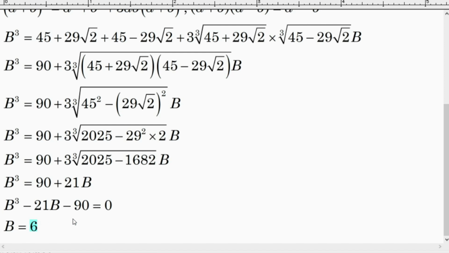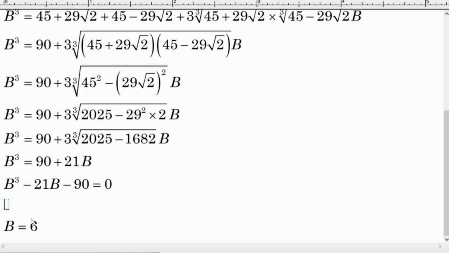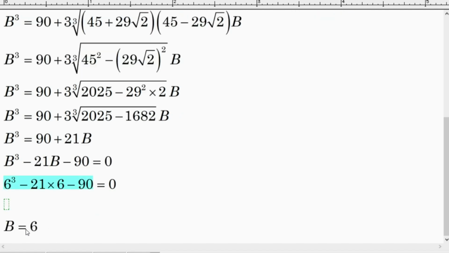So let's say we have 6 cubed minus 21 times 6, and then minus 90 equal to 0. If this number after calculating is equal to 0, that means b equal to 6 is the root of this equation.